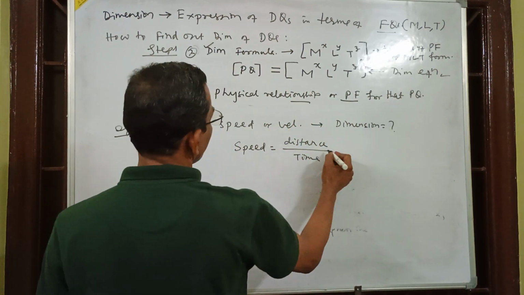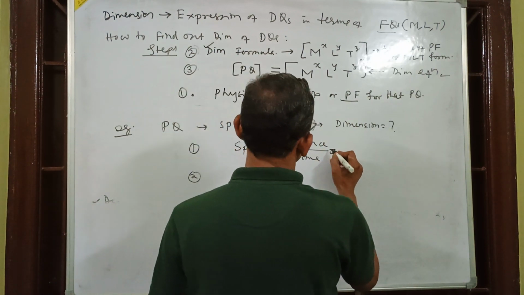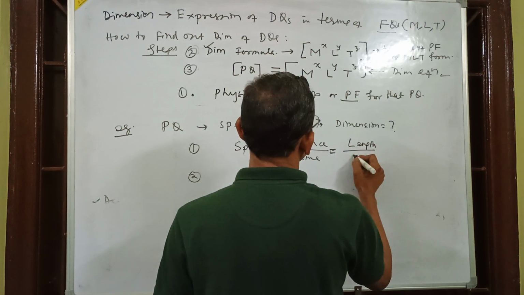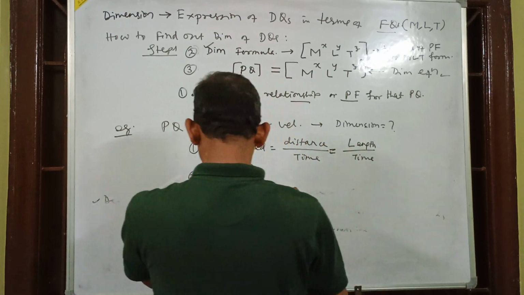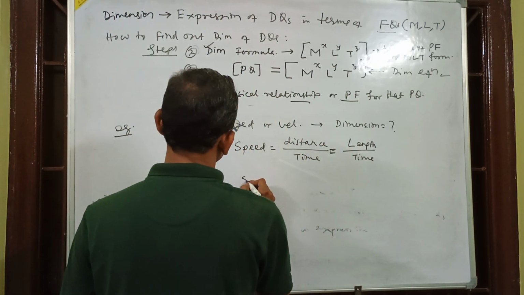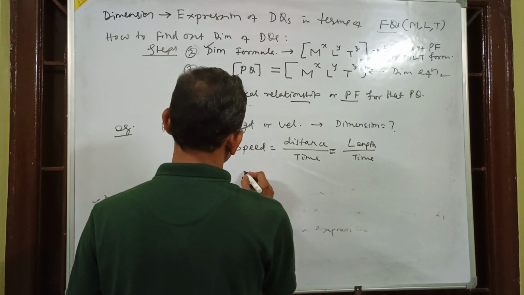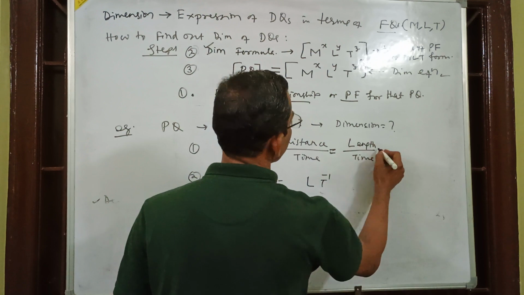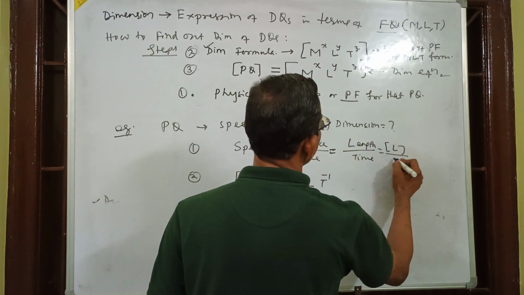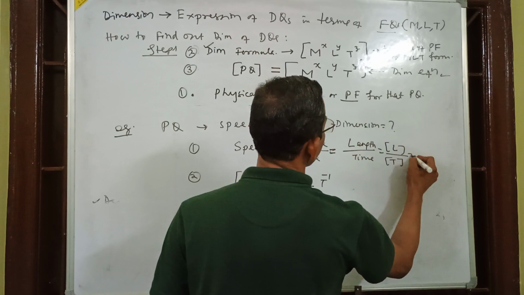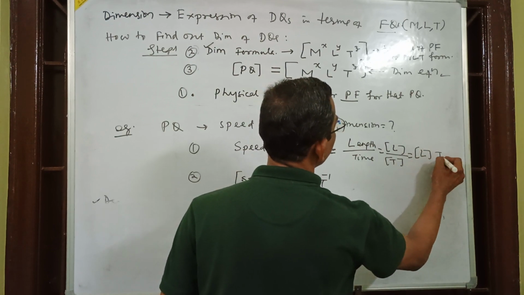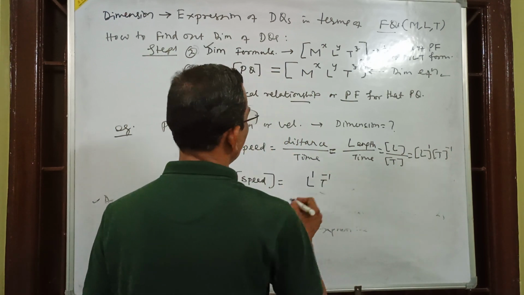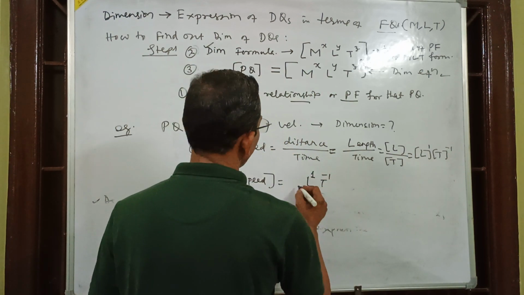That means distance is represented as L, length, upon time, and this speed became L T minus 1. Here it is L to the power 1 and T to the power minus 1.